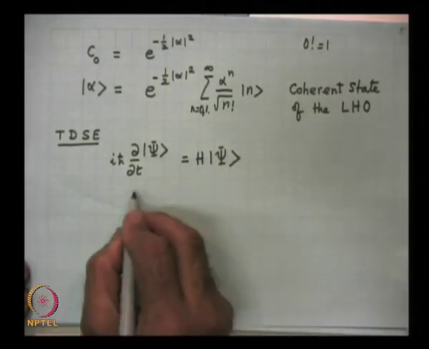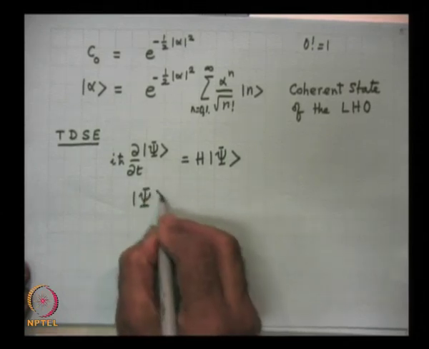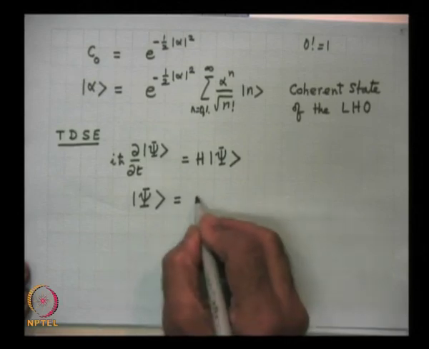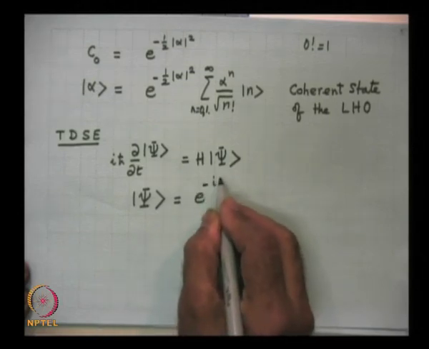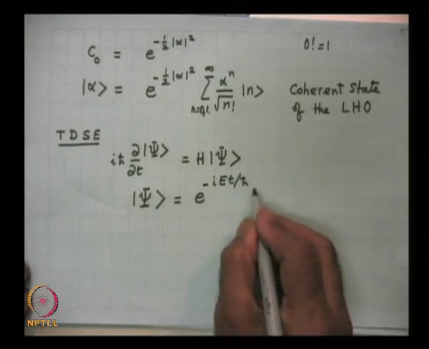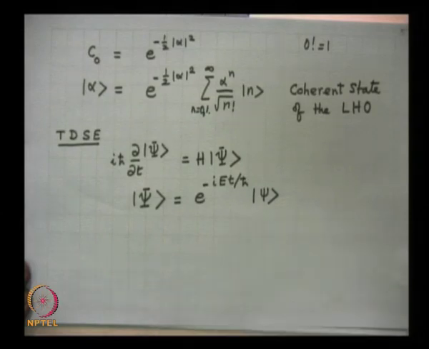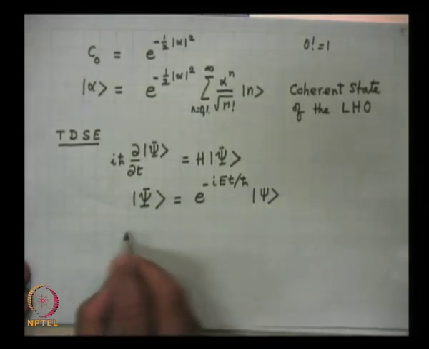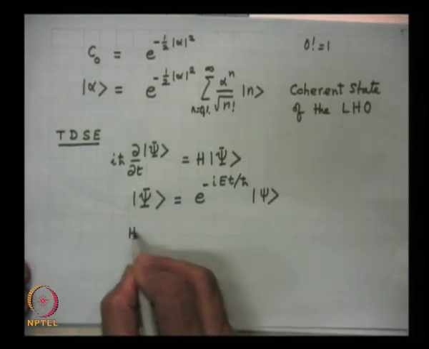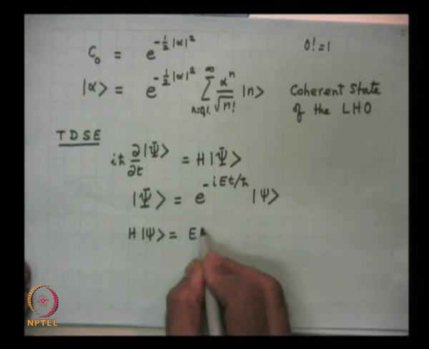So, if I assume a solution, as we did, that separates the time part, e to the power of minus i E t by h cross, ket small psi, where this does not depend on time, then one can easily show that H psi will be equal to E psi.